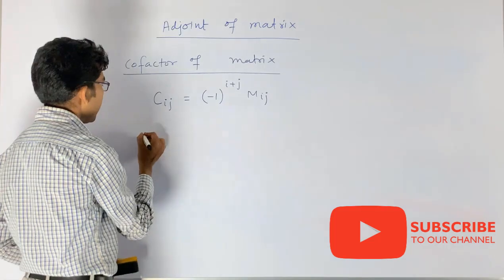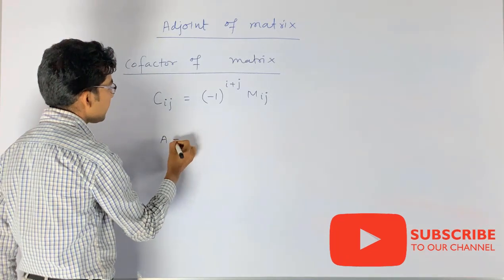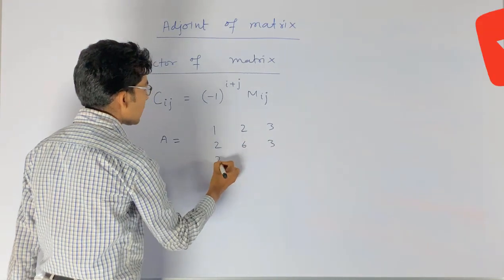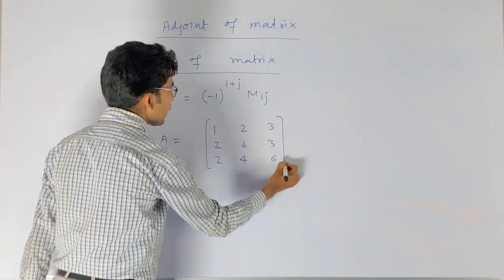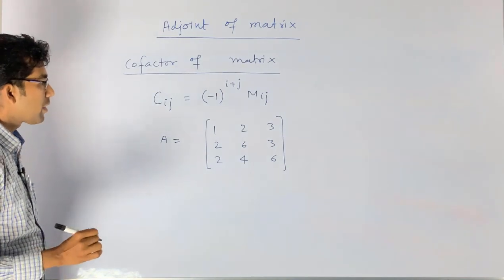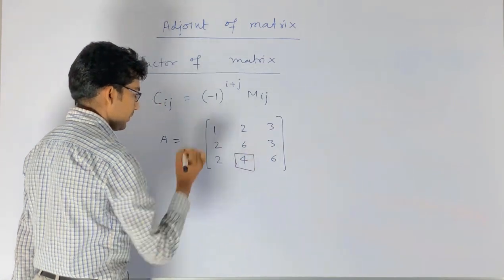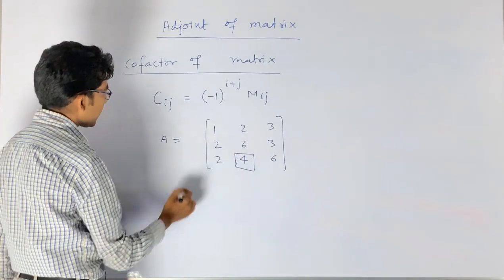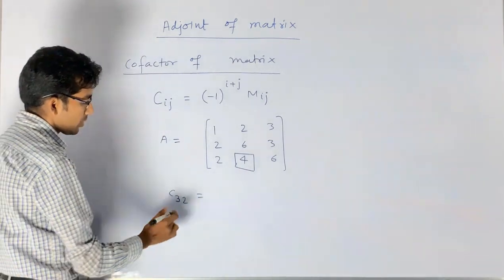So let's take another example for calculating the cofactor. This is one matrix, and if we want to write the cofactor for this element, which is in position 3 comma 2, so C32.